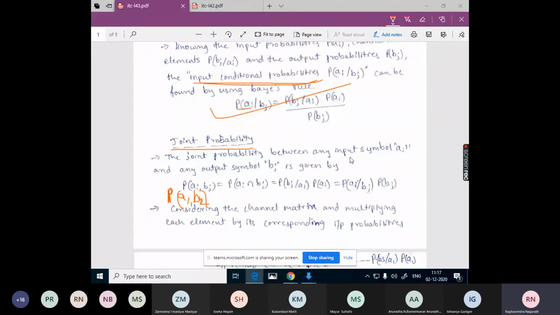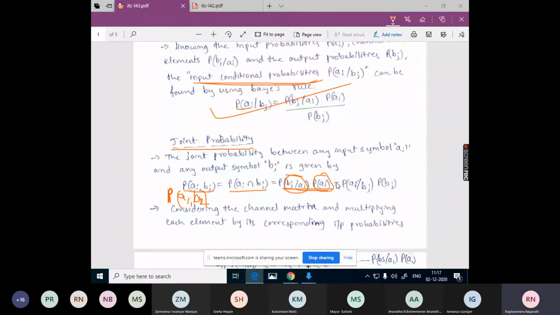The joint probability between any input symbol Ai and any output symbol Bj is given by P of Ai, Bj, which is P of Ai intersection Bj, equal to P of Bj by Ai into P of Ai. This is the output conditional probability, P of Bj by Ai, and this is the input probability.